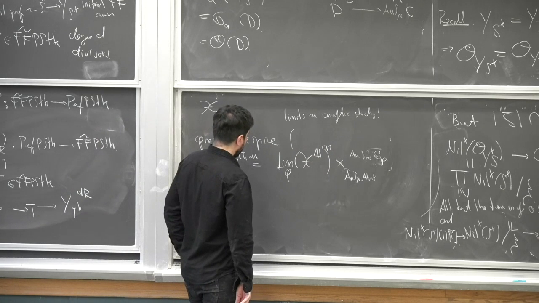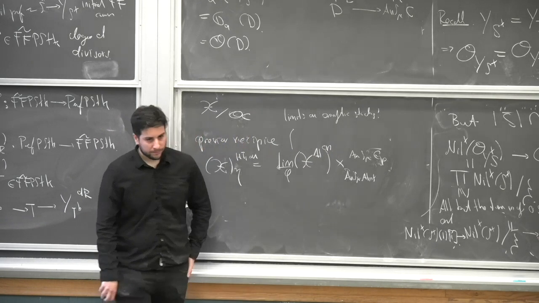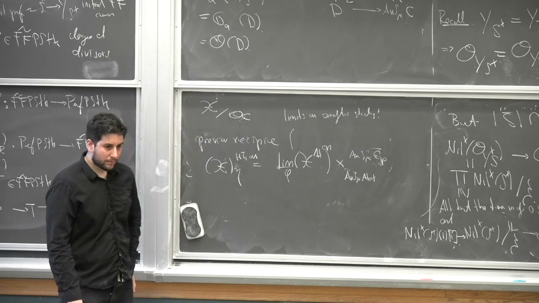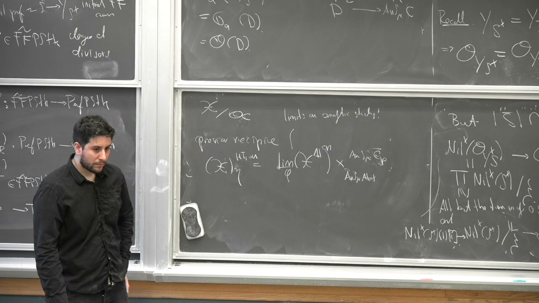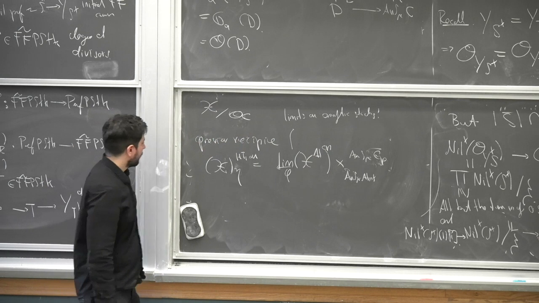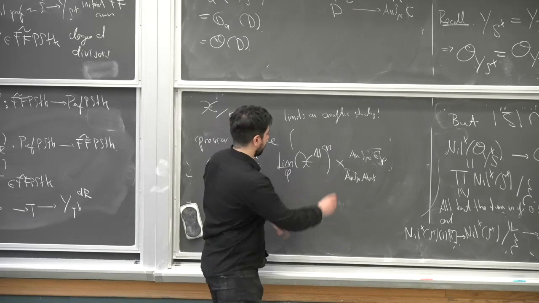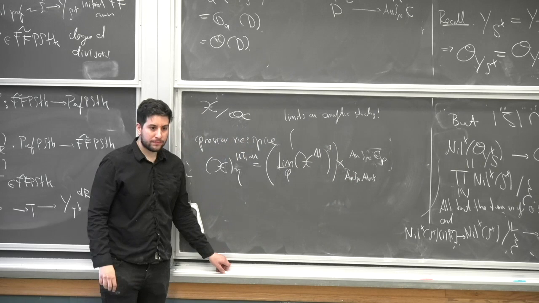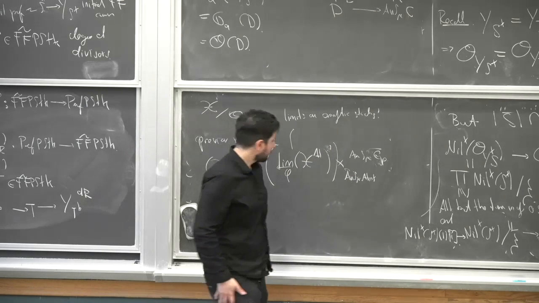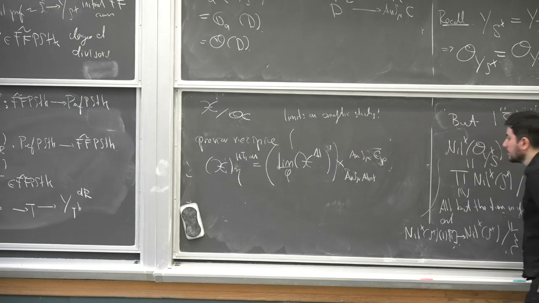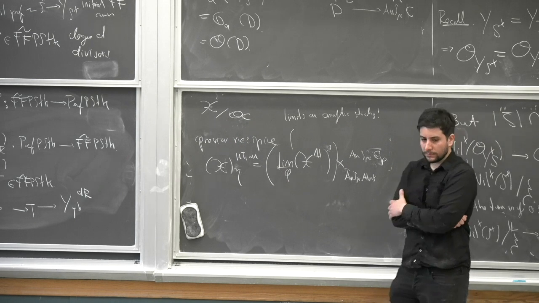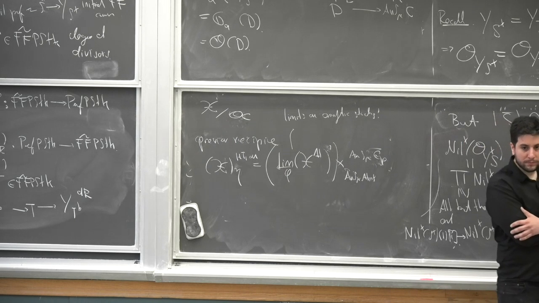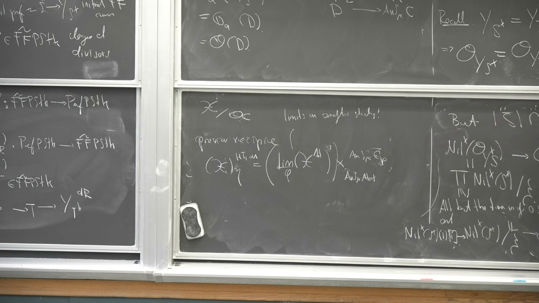So do we first pass to Frobenius, or do we first pass to generic fibers? We first pass to Frobenius and then to generic fibers. Yes. So then this projective limit with respect to Frobenius is already defined.